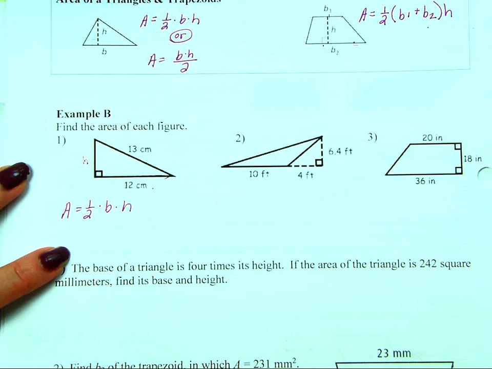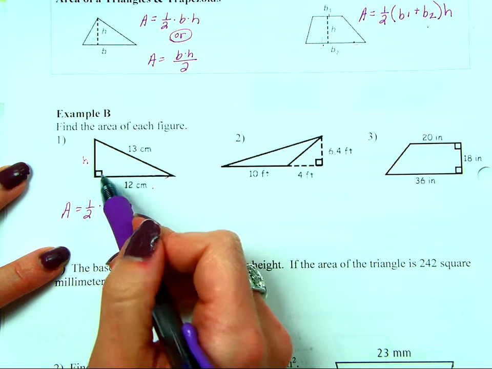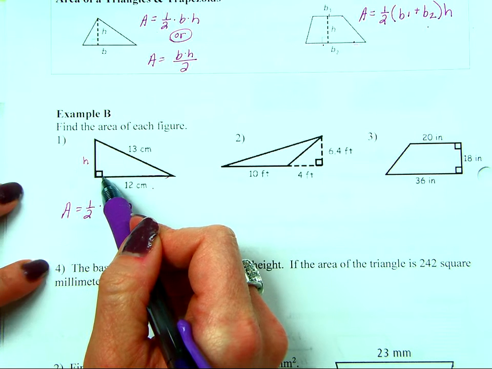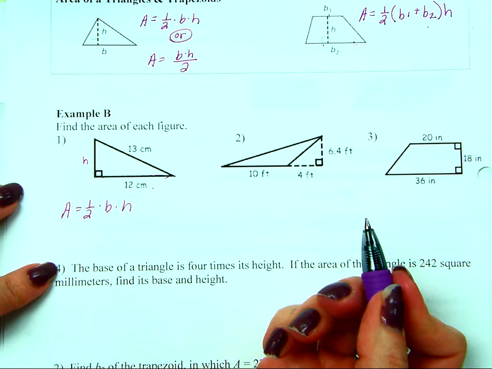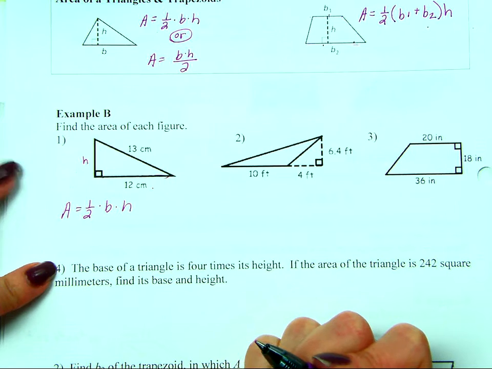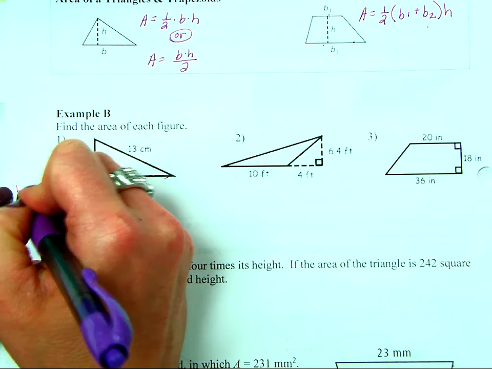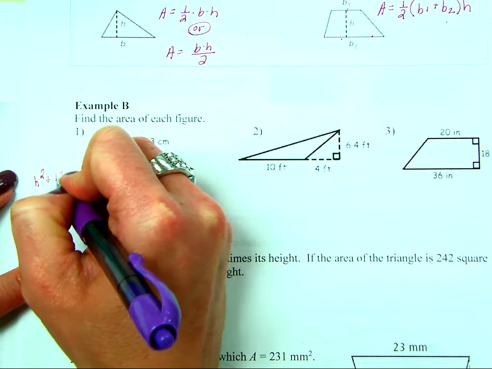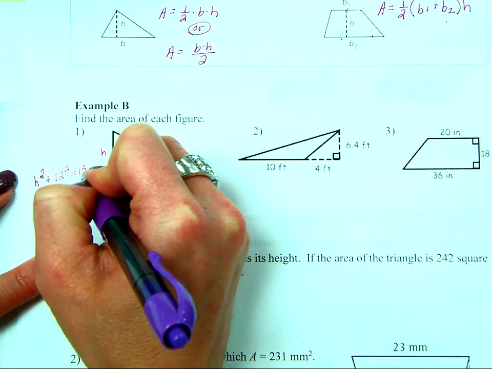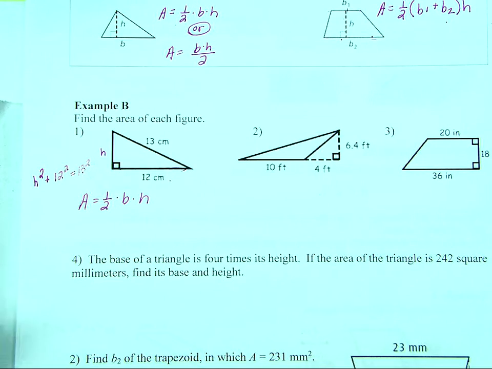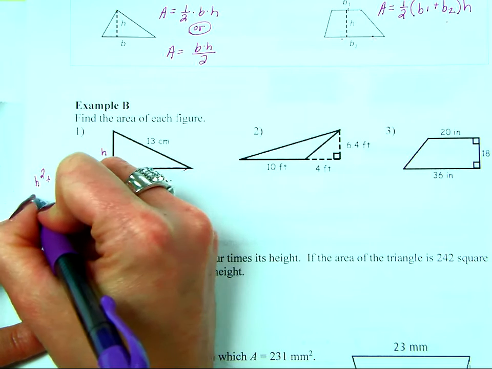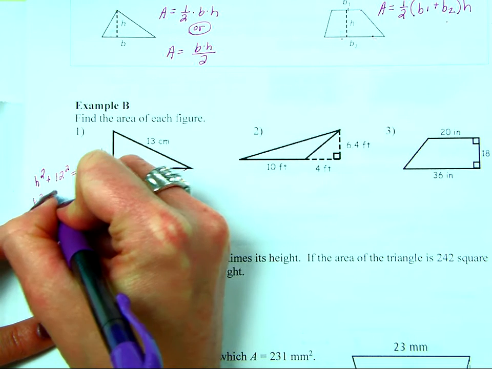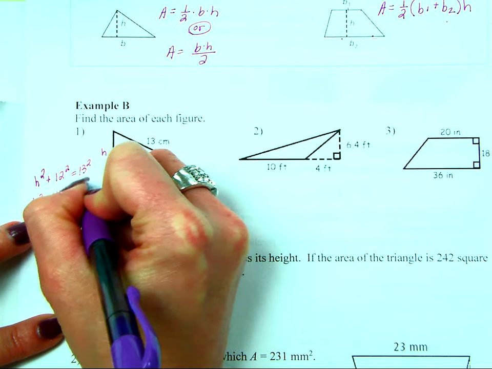It just so happens that I can do that because I have a right triangle. And so in this case, I'm going to use my Pythagorean theorem to figure out that height. I'm going to say that h squared plus 12 squared equals 13 squared. 13 is my hypotenuse. And hopefully you all remember solving the Pythagorean theorem.